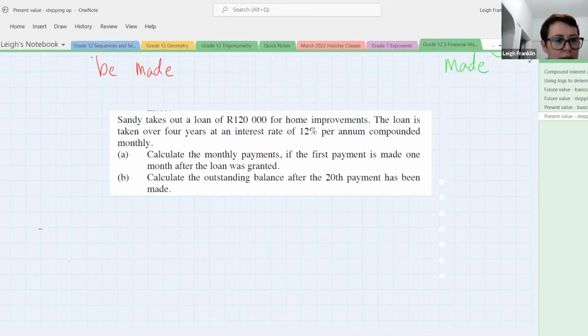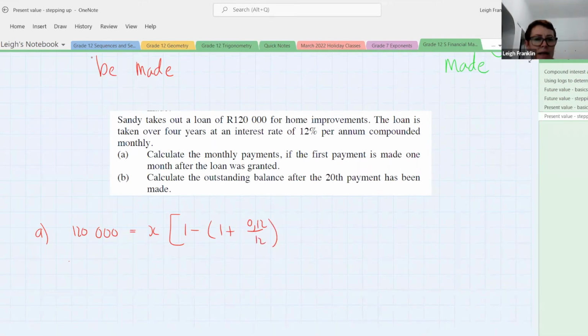Okay, so Sandy's loan is for 120,000 Rand. We want to work out her monthly repayments. 1 minus 1 plus her interest rate, which is 12% per annum compounded monthly, and it's for a period of 4 years. So it's going to be minus 4 times 12 over here, and then over 0.12 over 12.